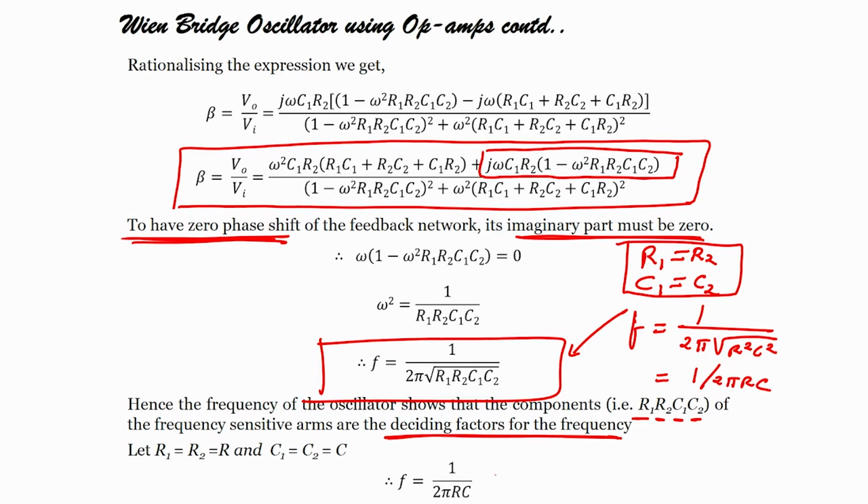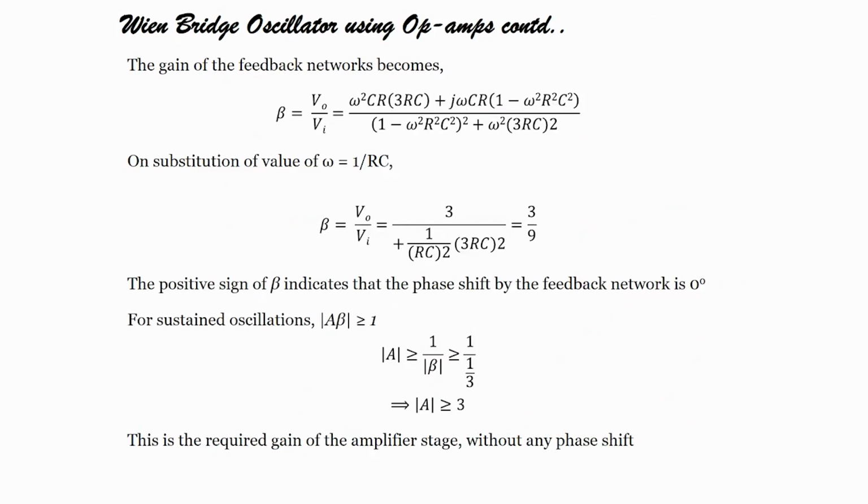So, that is the formula given here, f equals 1 by 2 pi RC. The gain of the feedback network becomes, beta is Vo by Vi. On substituting omega equal to 1 by RC, I will have beta equals 3 by 9. This is nothing but 1 by 3.